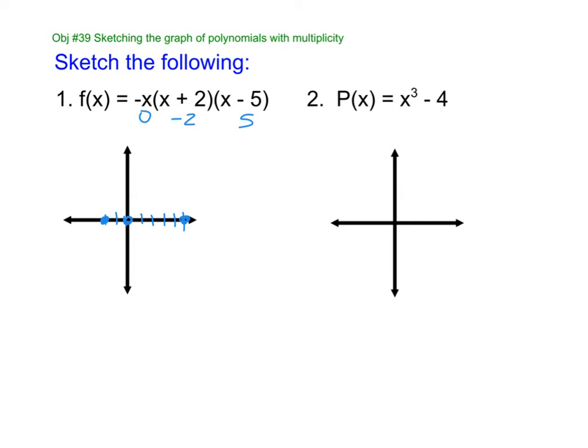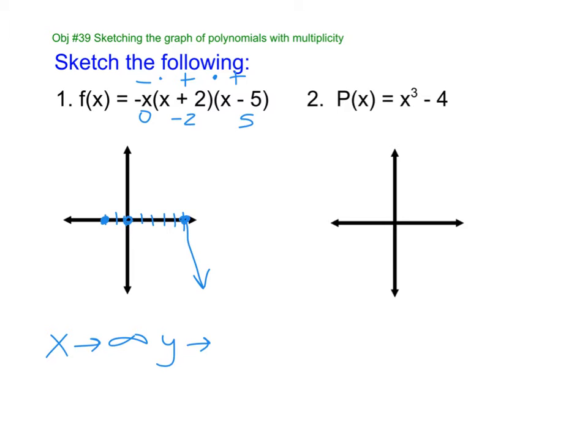So now what I'm going to do is think about the end behavior. As x goes to infinity, what's happening to my y? If I plug in a really big positive number, I get a negative times a positive times a positive. So it's going to be negative infinity. That means this is going down.